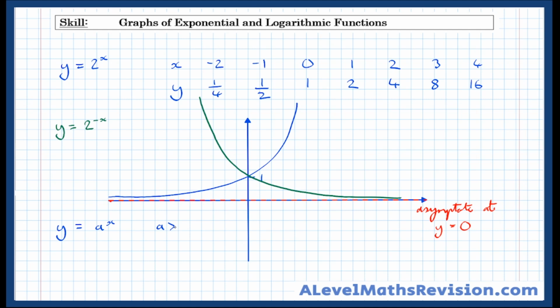If a is bigger than 1, that's going to give growth because we've got a number bigger than 1 to a power. So as we increase that power, the number gets bigger. Or a is between 0 and 1 would mean decay.